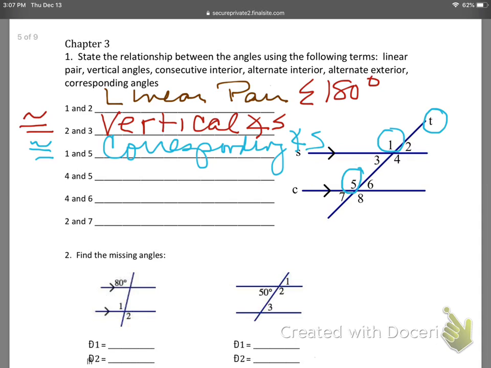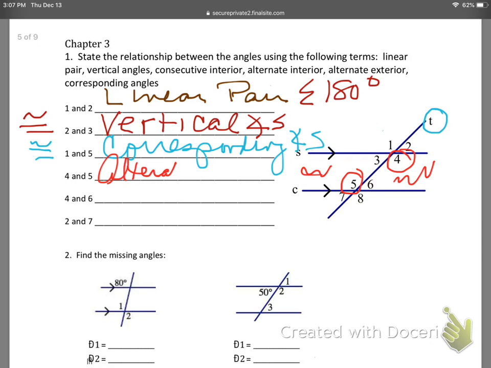Okay, next we're going to look at 4 and 5. So 4 and 5 are inside, because this area is in between the parallel lines, and one is to the right of the transversal and one is to the left. That makes them alternate.